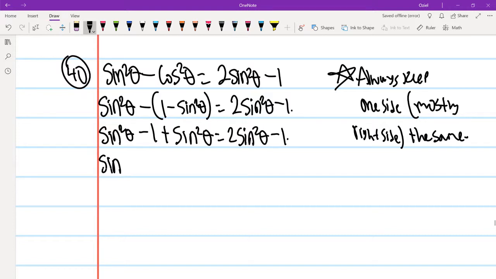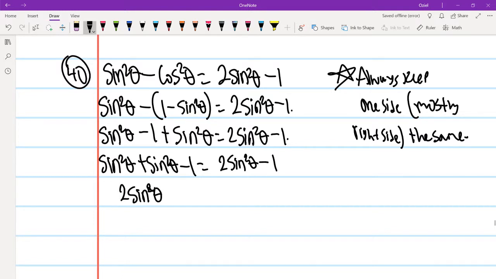And so you would have sine squared of theta plus sine squared of theta minus 1 equals 2 sine squared of theta minus 1. And you would say 2 sine squared of theta minus 1 equals 2 sine squared of theta minus 1. And you verified it.